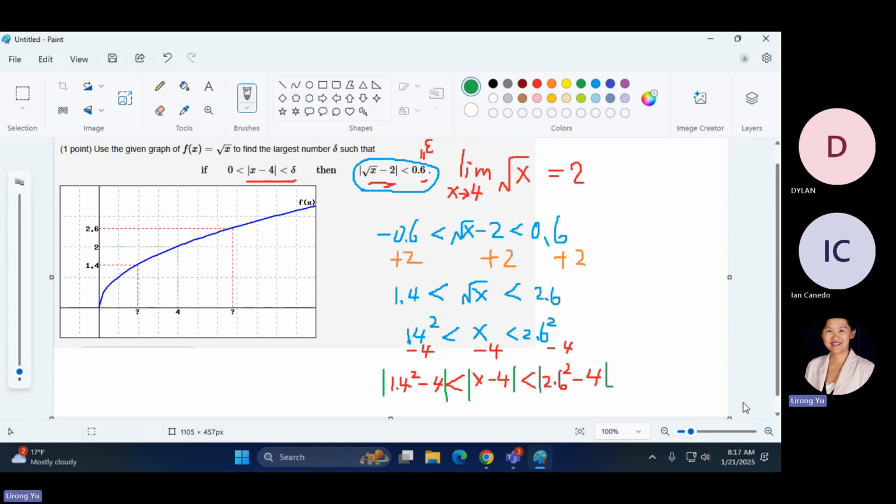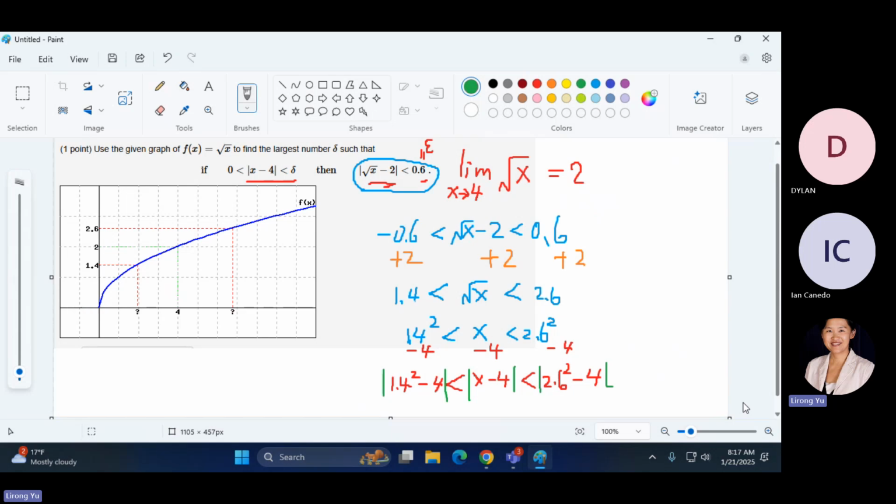So now you have to ask yourself, do I choose this one, or do I choose the right one, left one, or right one? And the answer is whichever is smaller. So this one or that one, the smaller one of the two should be the proper boundary for x minus 4, or should be the delta.